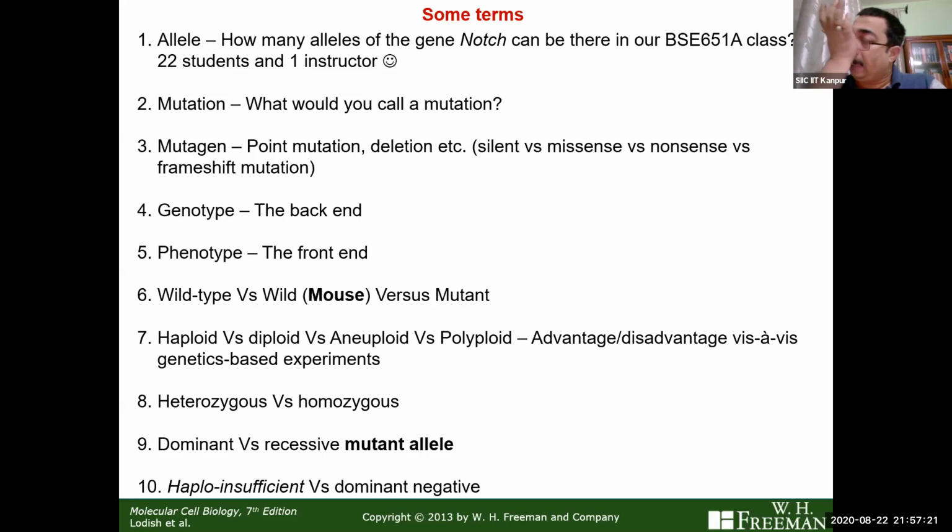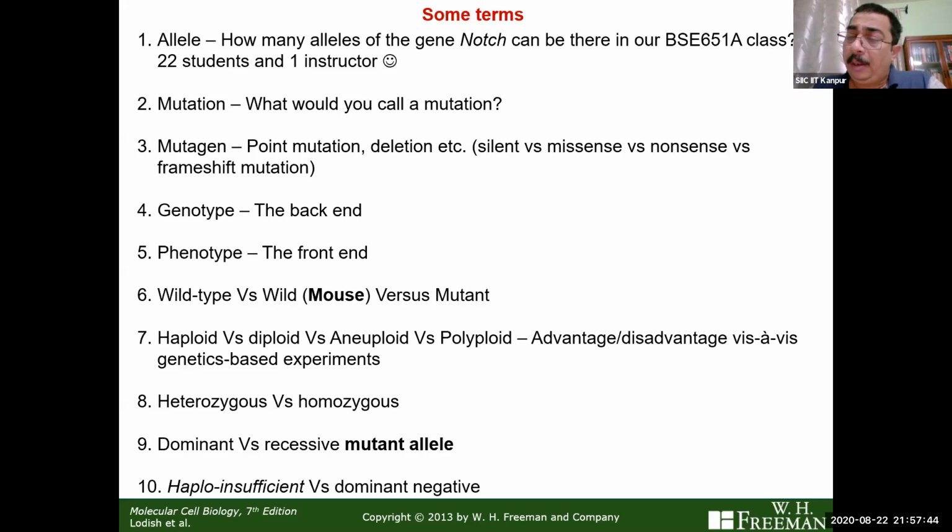In humans you do not get to see those at all because they don't survive. But in certain organisms you can genetically engineer it, and they exist. So those are aneuploid. And polyploid is where you have an extra chromosome.